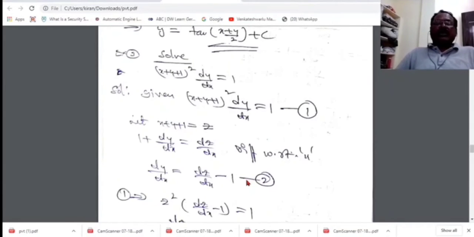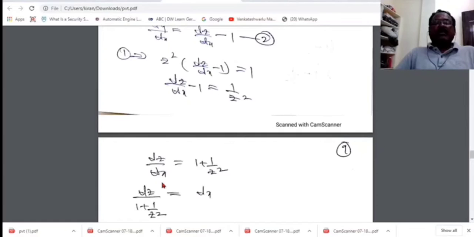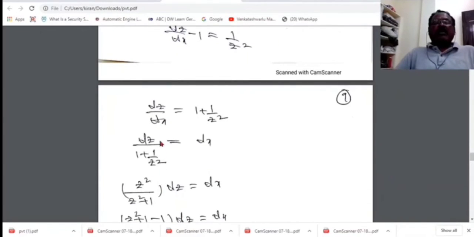Now using equation number 2 in equation 1, z square into (dz by dx minus 1) is equal to 1. After simplification, dz by dx minus 1 is equal to 1 by z square, so dz by dx is equal to 1 plus 1 by z square.